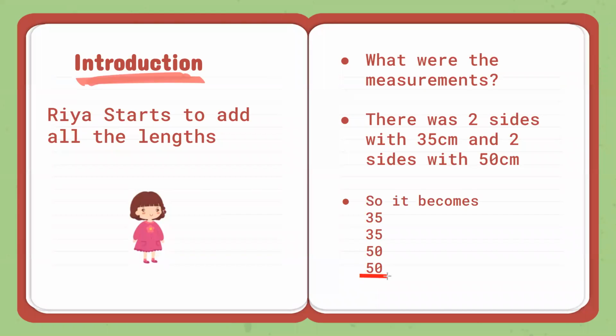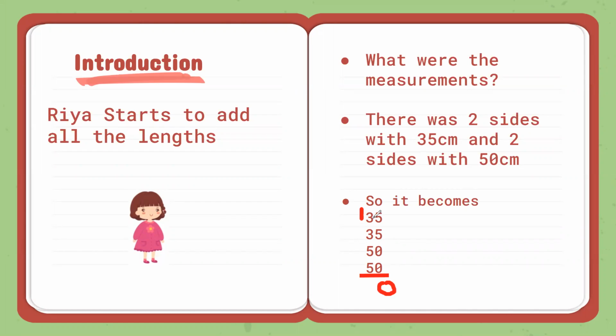So what we have here is first we have 5 plus 5, which is 10. Then 10 plus 0 is 10, and 10 plus 0 is 10. So I will write 0 over here and write the carryover, which is 1 over here.